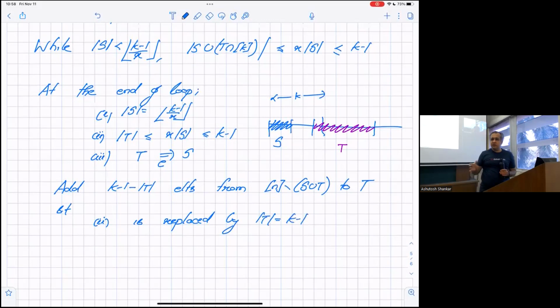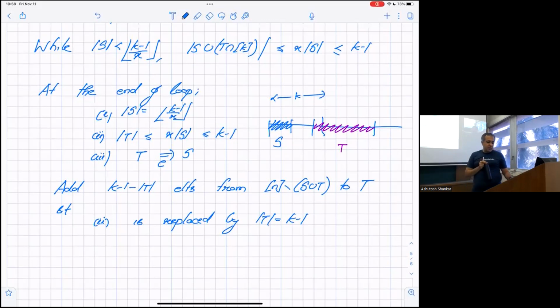And you can keep doing this, nothing changed. As long as T is not equal to K, you can keep on adding. Actually, you can add all the way to T equals K also, but I'm going to stop at K minus 1 because I need it for the singleton bound. I want T to be slightly smaller.